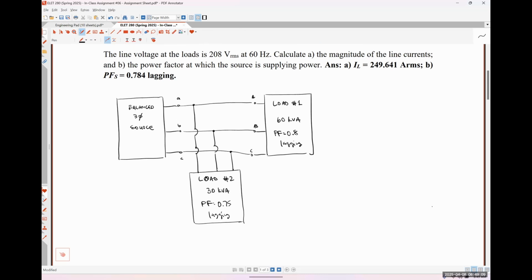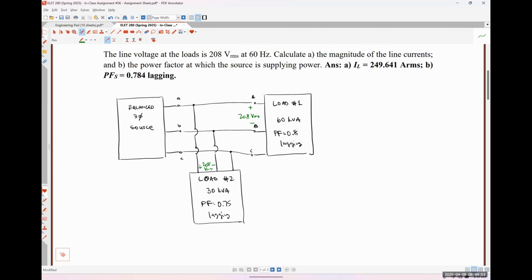We are told that the line voltages at the loads, which are the same as the line voltages at the source since we aren't given any transmission line impedance, are 208 volts RMS at a frequency of 60 hertz. So essentially, I have 208 volts RMS between the A and B terminals here, and that would be the same 208 volts RMS between the transmission line terminals of this second load, because they are connected essentially in parallel.